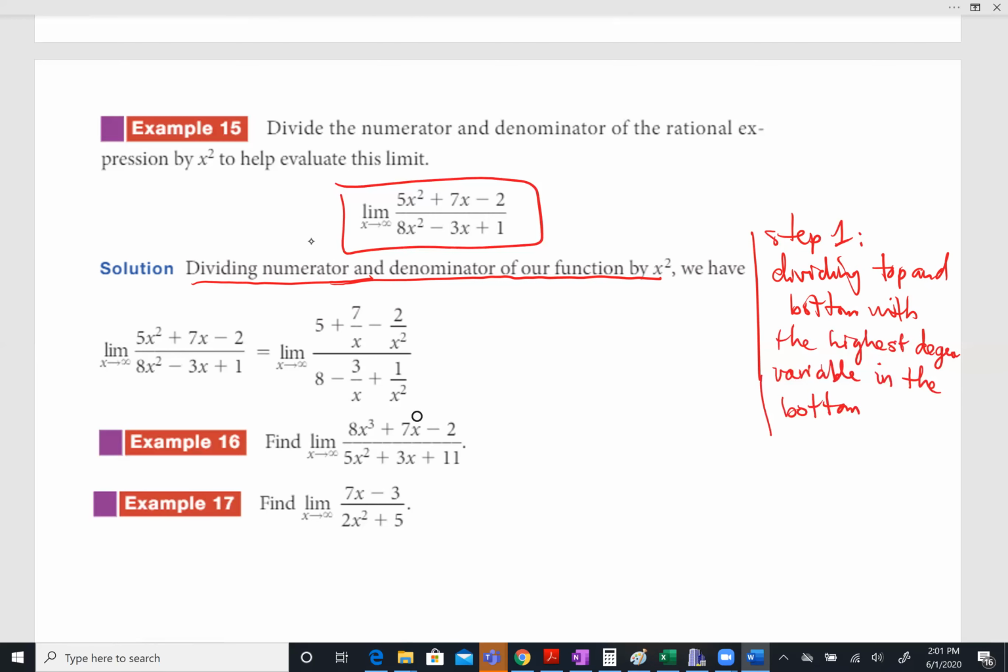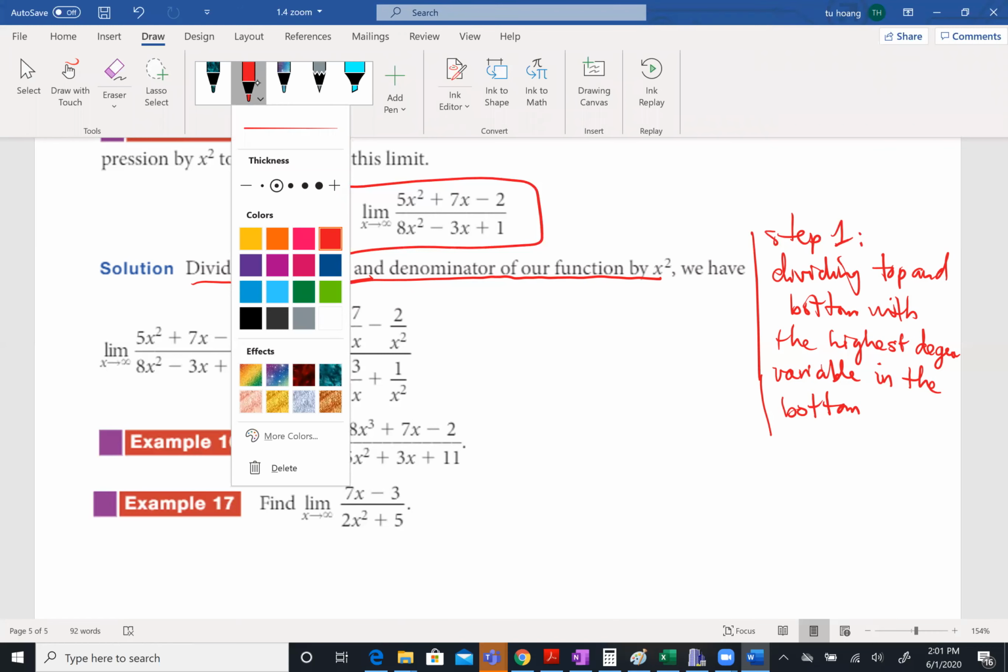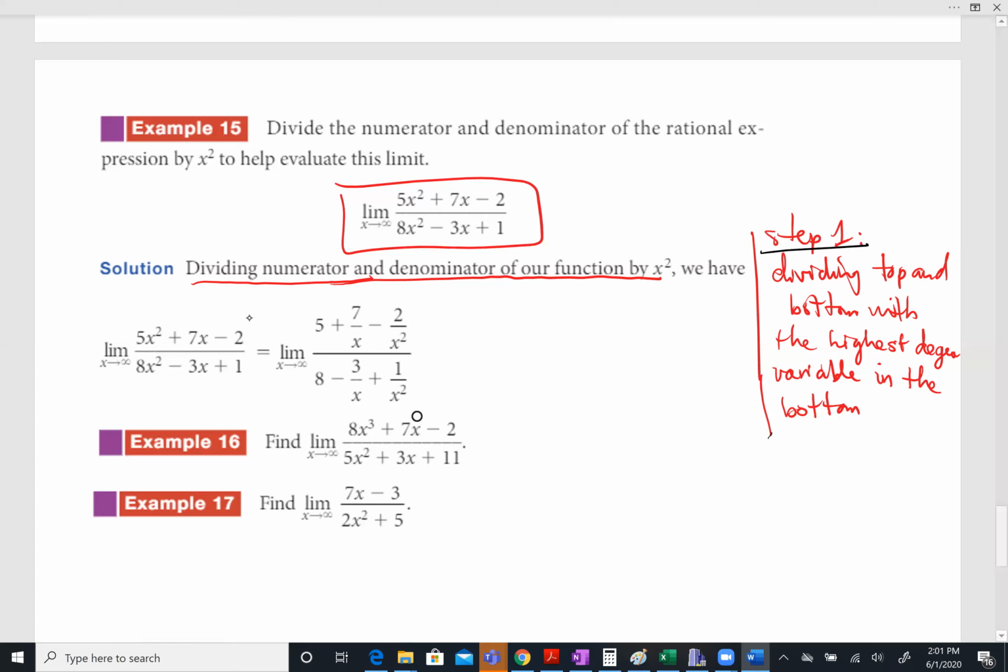Okay, so that is step 1. And then step 2, I'll tell you later.